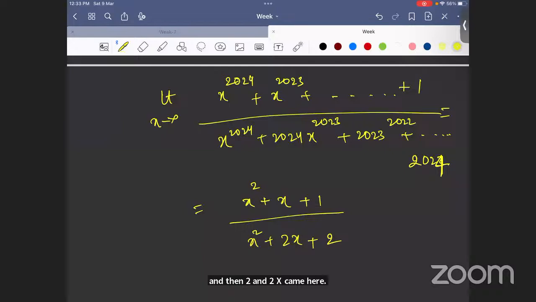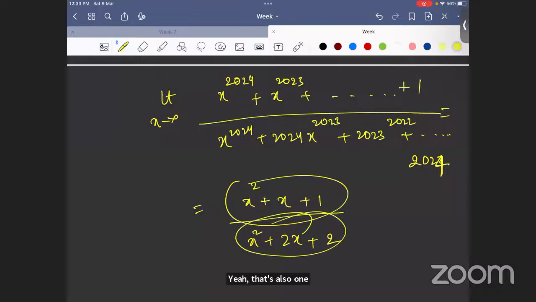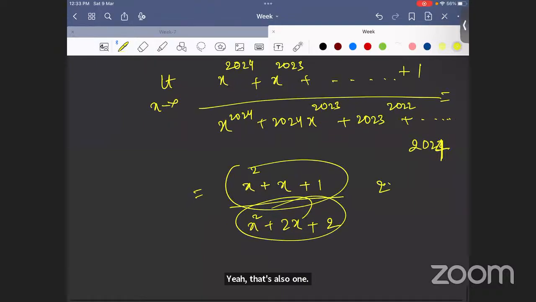Basically, you are scaling down from 2023 to 1. It's also 1, sir. There's no form of infinity by infinity. So I'll just differentiate it: 2x plus 1 upon 2x plus 2.